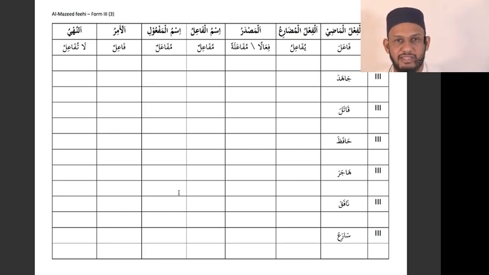Yuhajiru, he is immigrating. The masdar is what? Hijaran, which means immigration, immigrating. Muhajir, a muhajir is an immigrator. A muhajar is perhaps that which they immigrated from. Hajir, amr, immigrate. La tuhajir, don't immigrate.